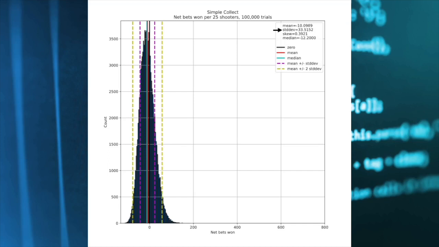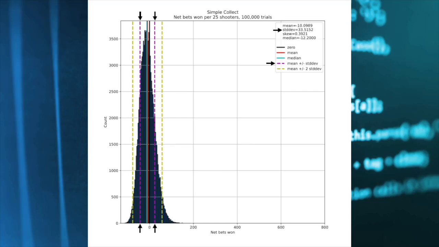And statistics tell us that about 68% of the outcomes will fall in that range. The magenta dashed line shows this range. Here, it goes from about minus 43 bets to plus 23 bets.